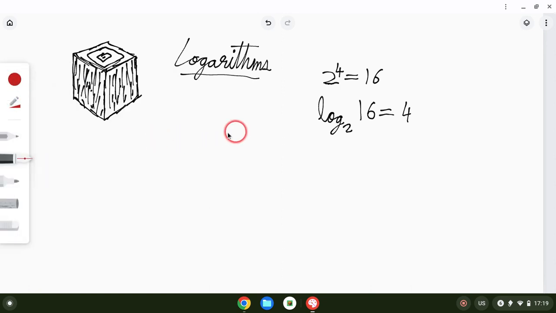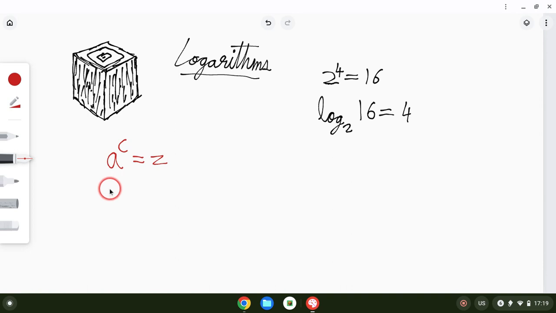Here's another example. Let's say I have a to the power c equals z. Try to convert this one into log format. Pause the video and try to do that.